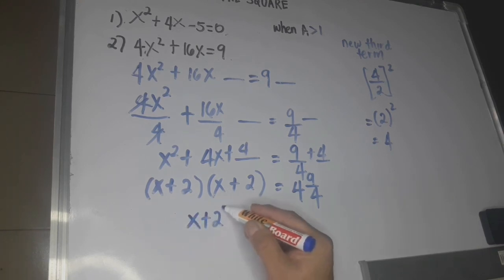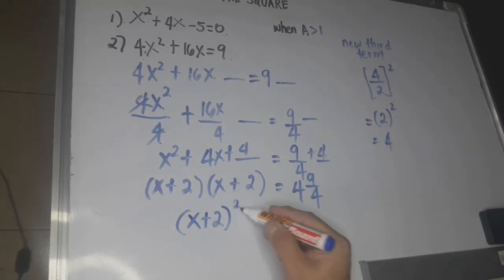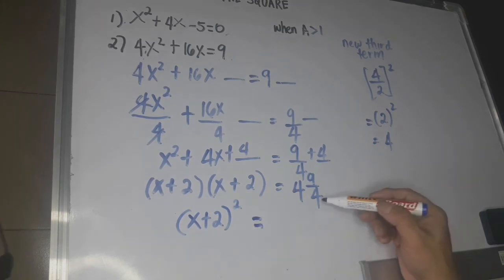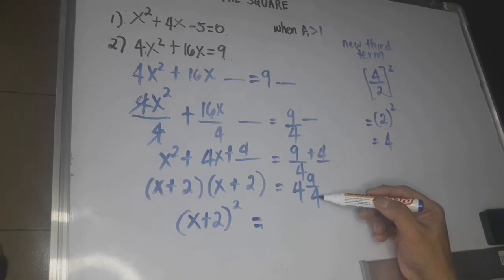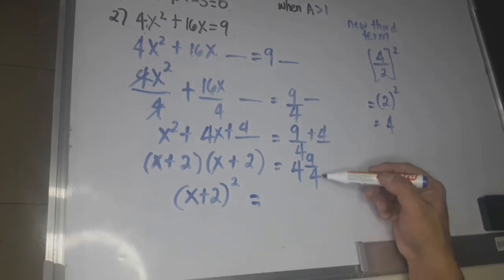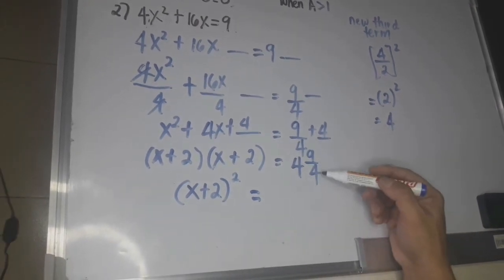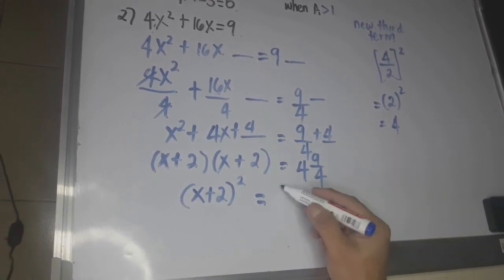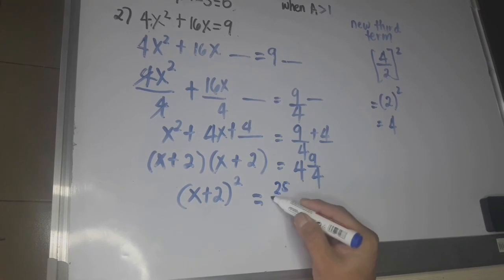the quantity squared of x plus 2 equals, changing the mixed number to an improper fraction, 4 times 4 is 16 plus 9 is 25 over 4.